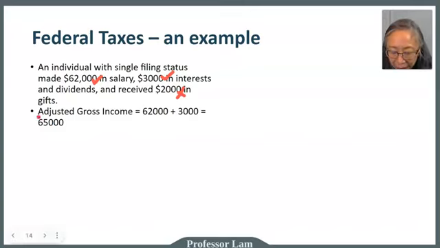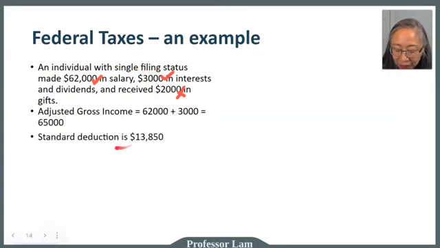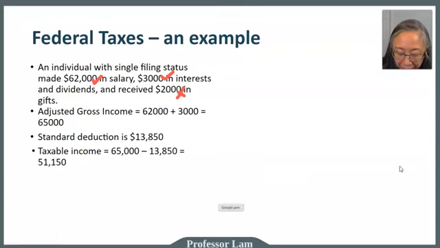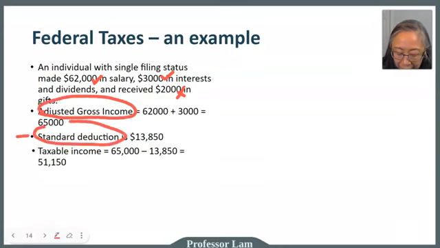Once we know the adjusted gross income, we have to look up the standard deduction. This is an individual filing single, so the standard deduction according to the table we have is $13,850. So we can compute the taxable income. Taxable income is adjusted gross income minus the standard deduction.